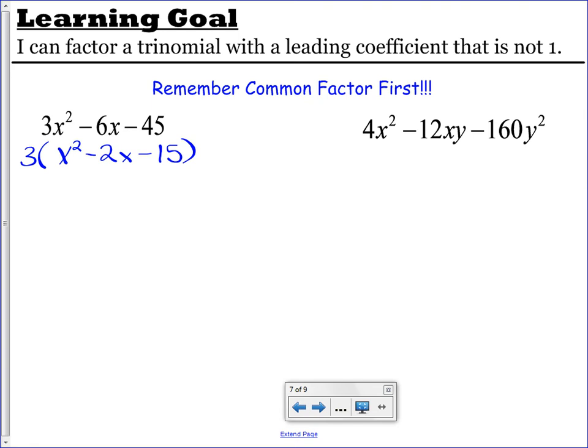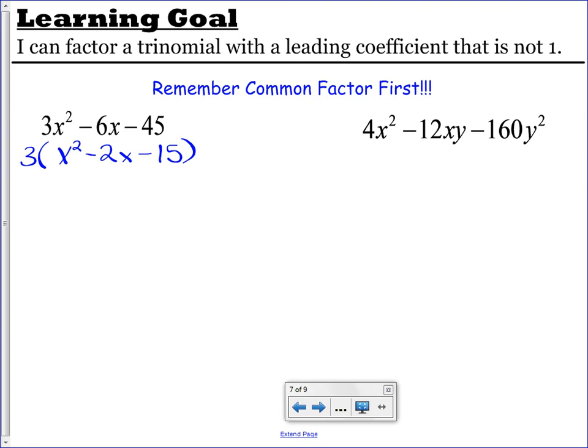If you can common factor first, now this becomes a simple trinomial instead of a complex one. If you didn't common factor out first, you would have to find two numbers that multiply to what? 135 and add to negative 6. Those are really big numbers.